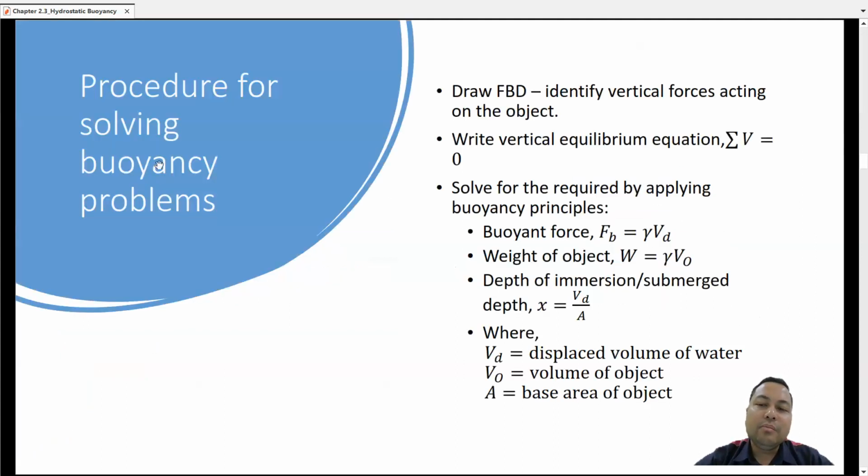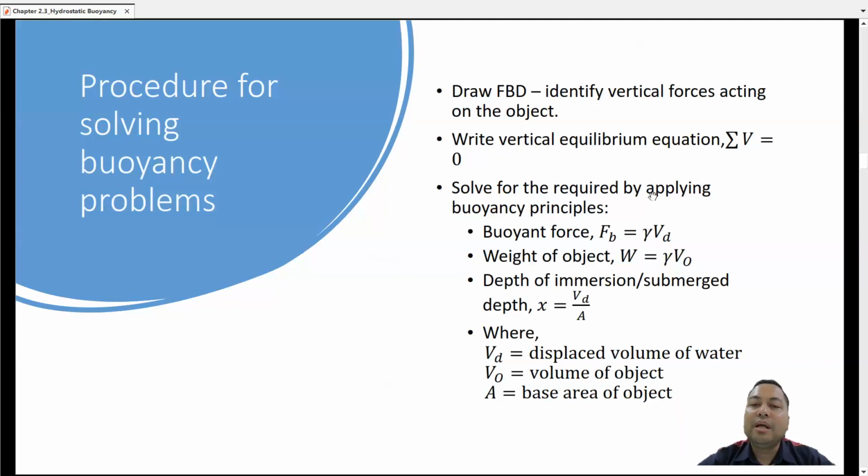Procedure for solving a buoyancy problem. First of all, we have to draw the free body diagram to identify the vertical forces acting on the object, which are the weight and the buoyant force. Then we write the vertical equilibrium equation: summation of Fv must be equal to 0 so that it will not move.